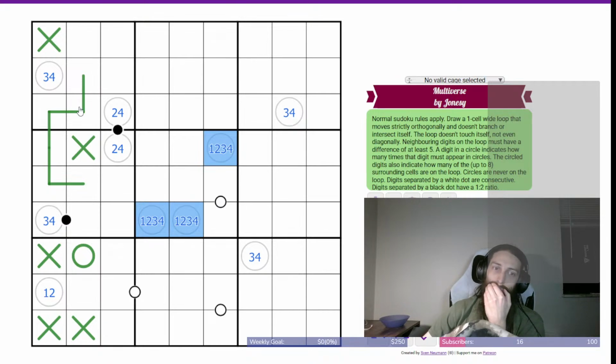Okay. Both of these already have 2. Which means that I can't put one here, because it would be a shared neighbor of both. I can't put one here, because it would be a shared neighbor of both.